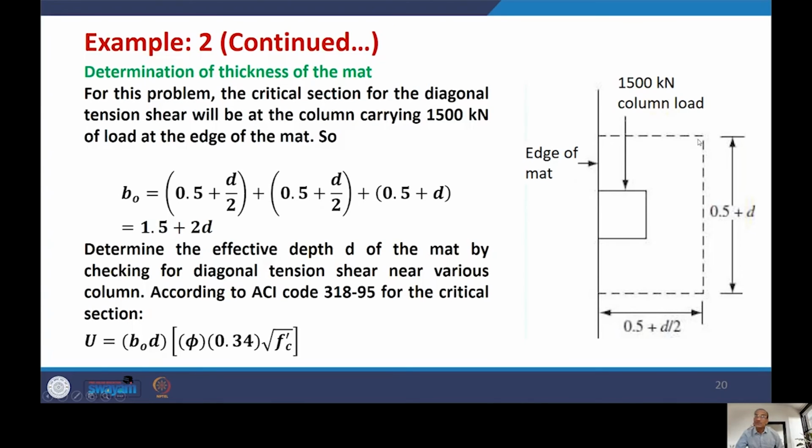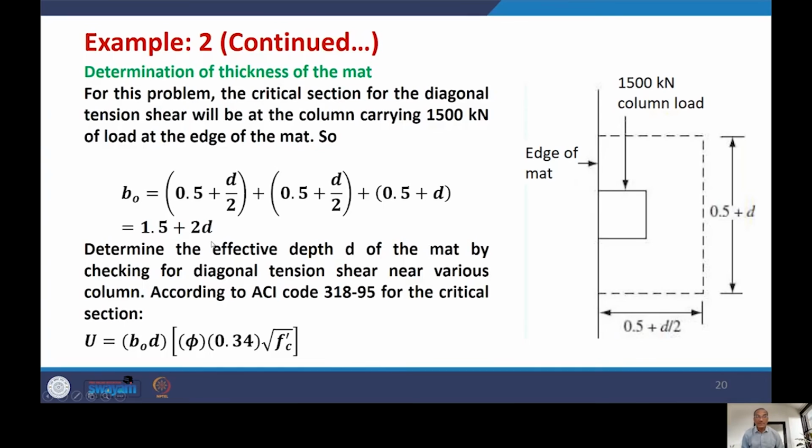So this will be 0.5 plus D by 2. And in this direction, it is D by 2 in this case. So you got 0.5 plus D and 0.5 plus D by 2. Once you sum up all these, you end up here with 1.5 plus twice D equal to b naught. So b naught is this.